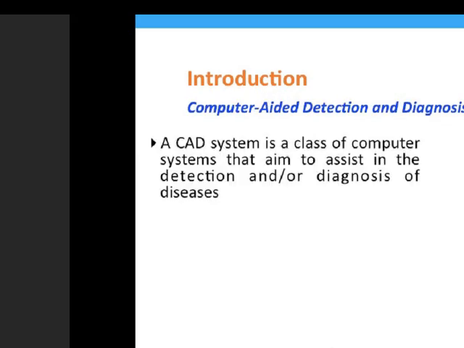So now I come to the very important point of our today's discussion, which is actually computer-aided diagnosis and detection. Though I tell detection, I give diagnosis more stress, because that is where we are heading.